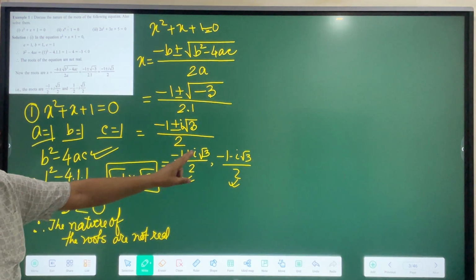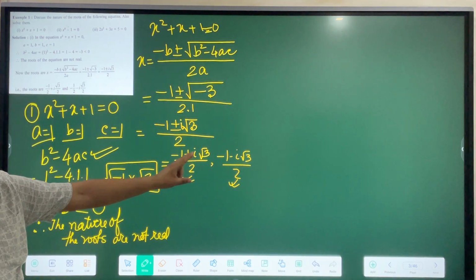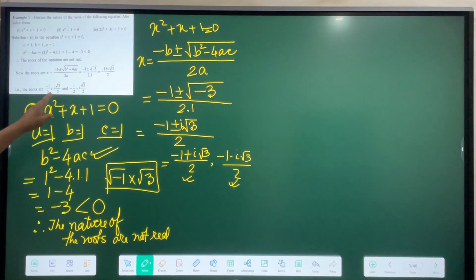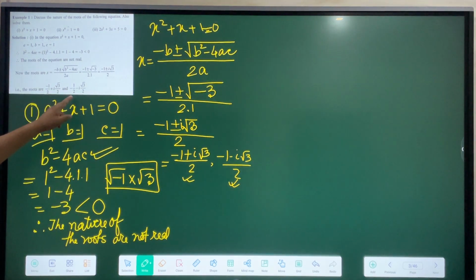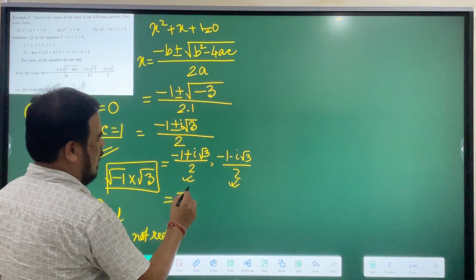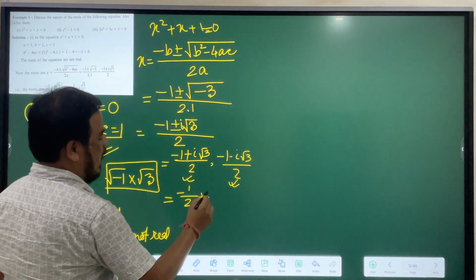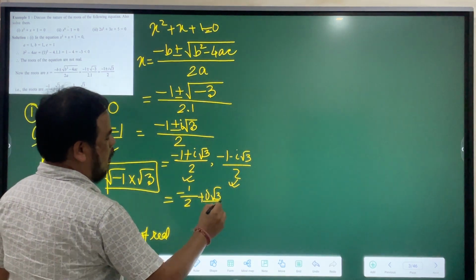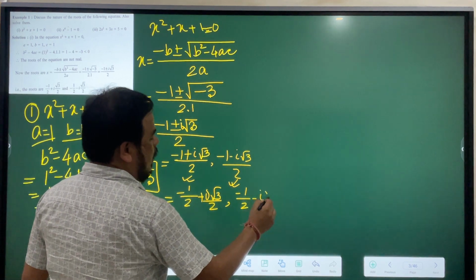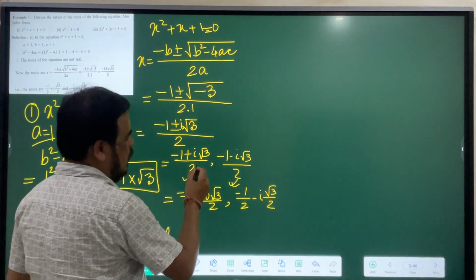Remember always, complex roots, sorry, imaginary roots will be there. That means one is conjugate to the other always. So minus 1 by 2 plus i root 3 by 2, minus 1 by 2 minus i root 3 by 2. Or you can write this way also. This way if you write, no problem.